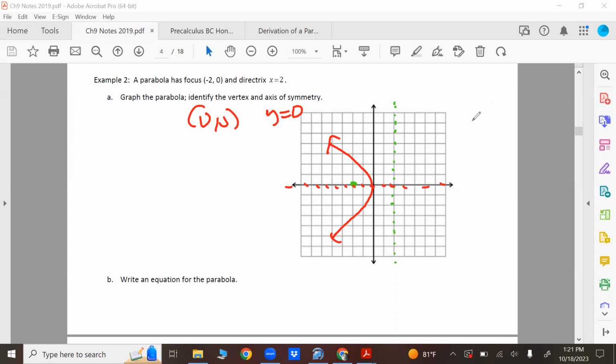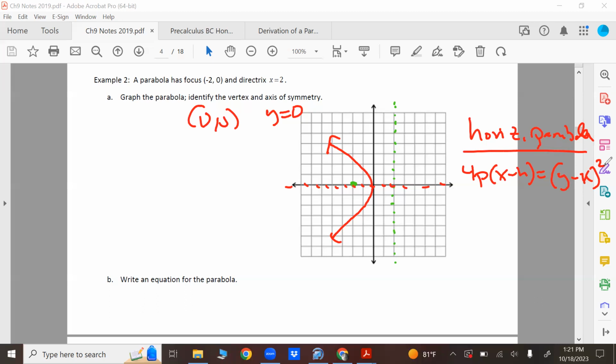And now for a horizontal parabola, the general formula looks like this: 4p times x minus h equals y minus k squared. So it's just reversed. You guys remember doing inverse functions last year?